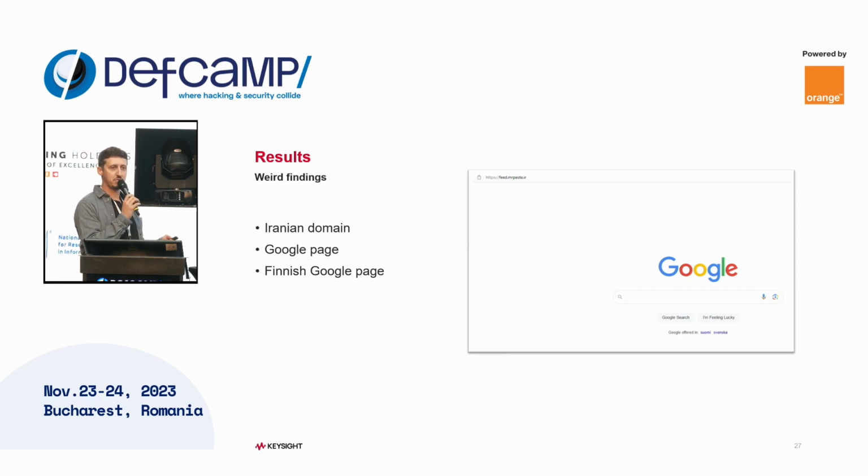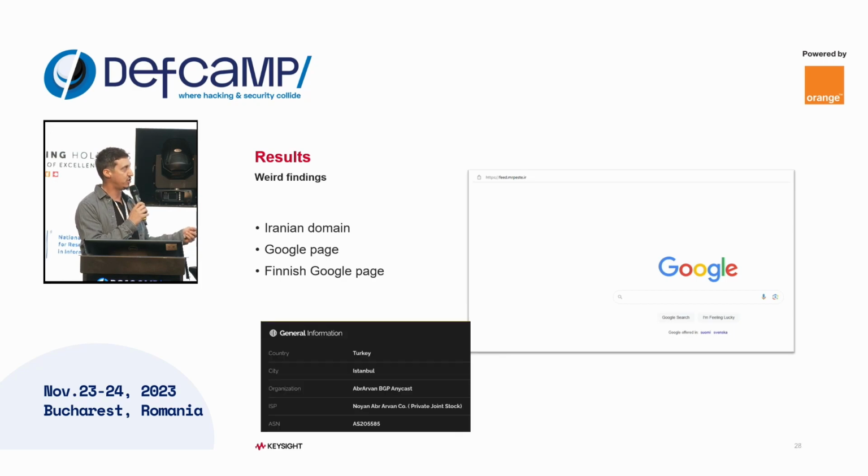And finally, one of my favorite examples of this weird stuff is the domain feed.mrpst.ir. It's an Iranian domain hosting a Google page for Finland, which is again hosted not in Iran but in Turkey.